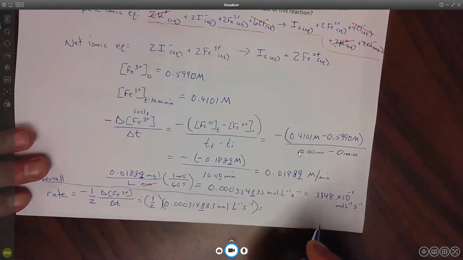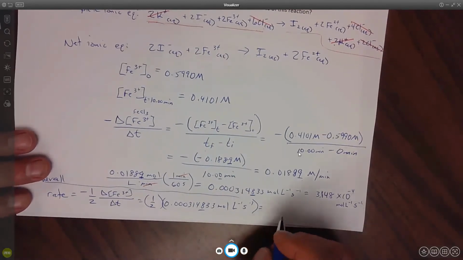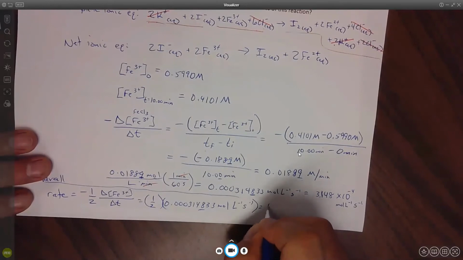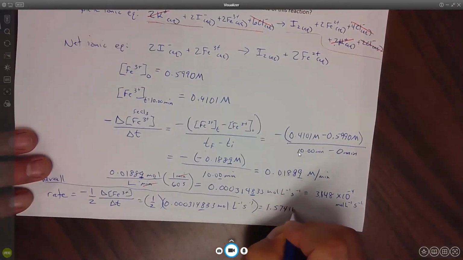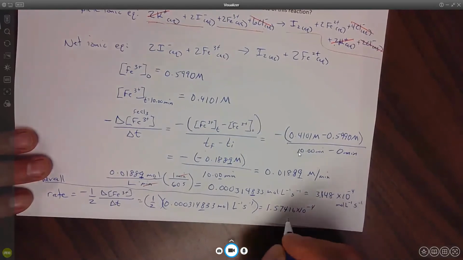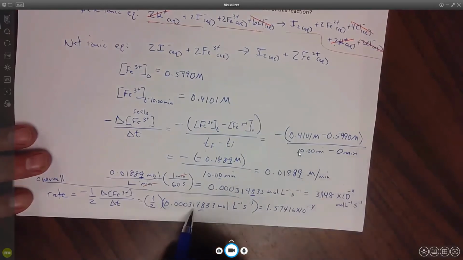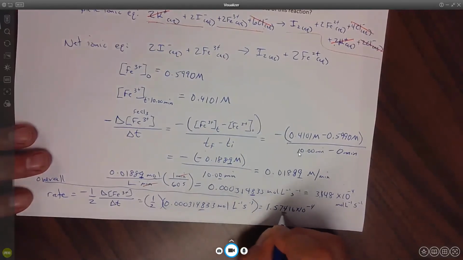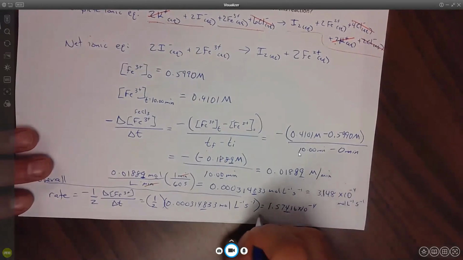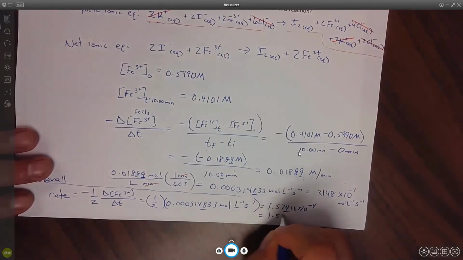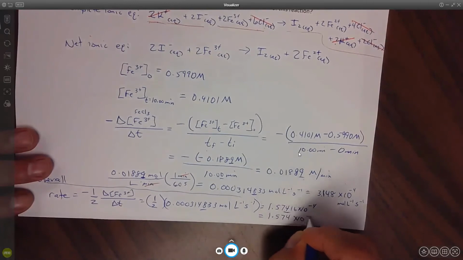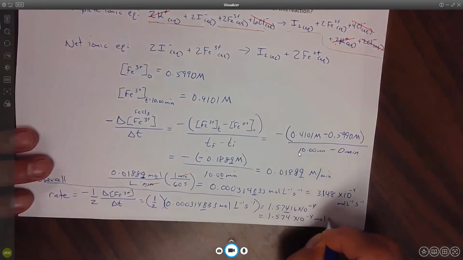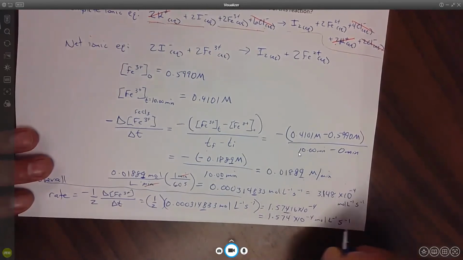And that's going to give you a value of 1.57416 times 10 to the negative 4. And this is exact, so this is 4 sig figs. So there's 4. And so this then is going to equal 1.574 times 10 to the negative 4 moles per liter per second.